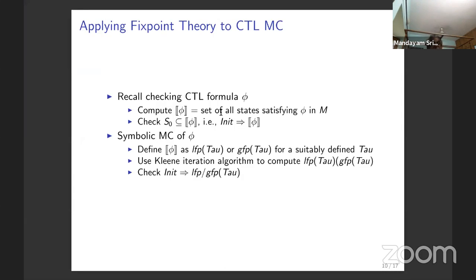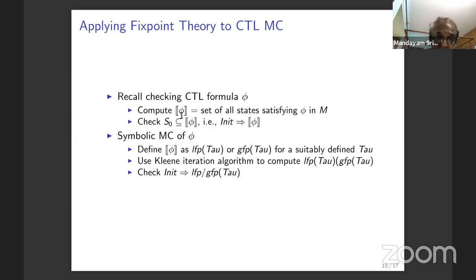So now we get to applying the fixed point theory to CTL model checking. Recall how we defined CTL model checking. To check a CTL formula phi, you compute these double square brackets, which represent the set of all states satisfying the formula phi.